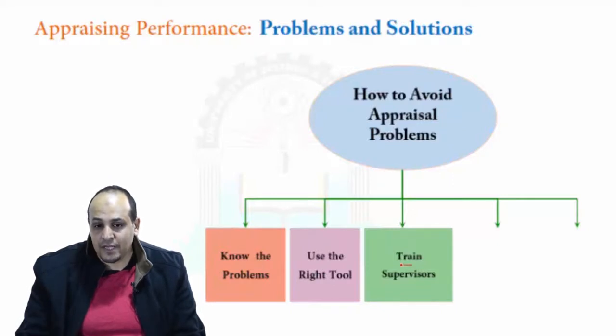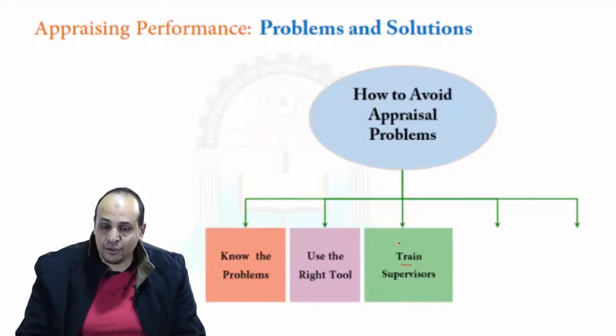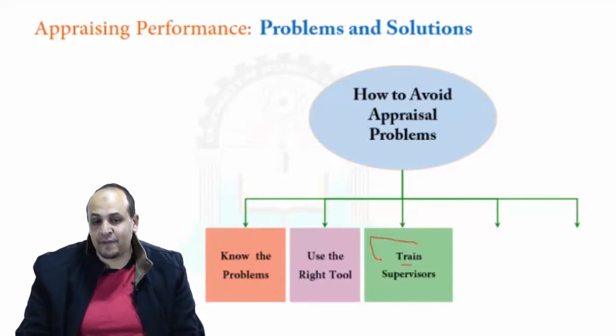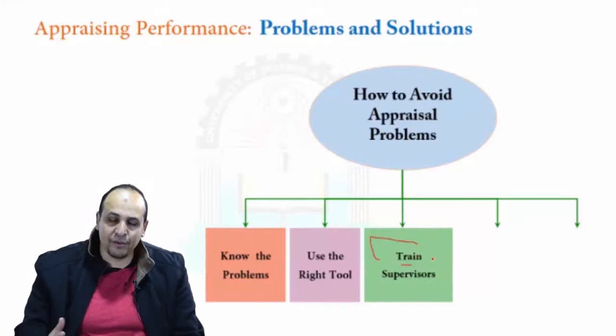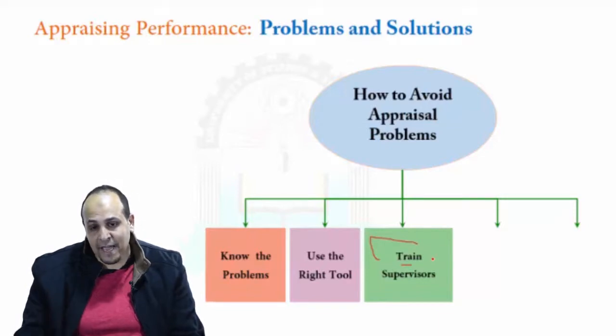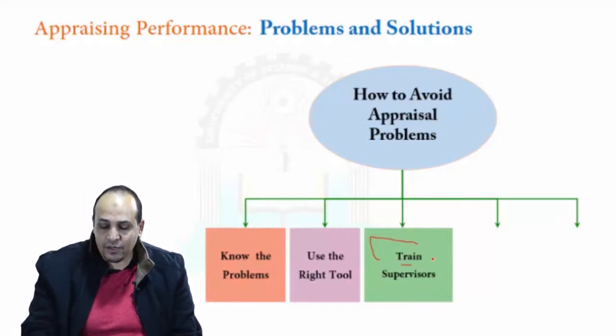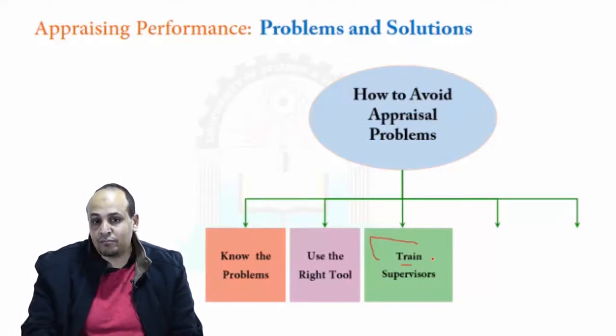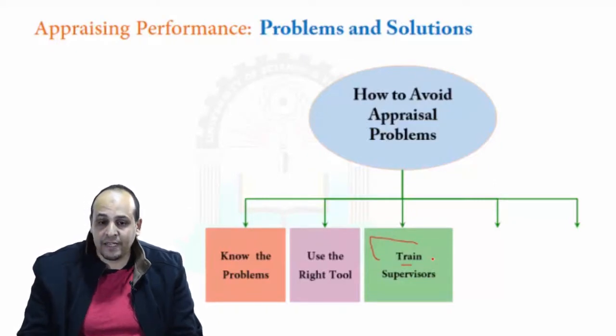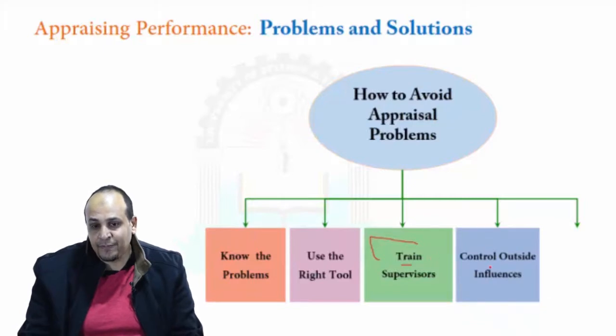Another role the human resource department is entitled to is to train supervisors. By training them, they can eliminate or reduce the impact of such problems. They can also stop the crippling or the damage of such problems that can happen while appraising.